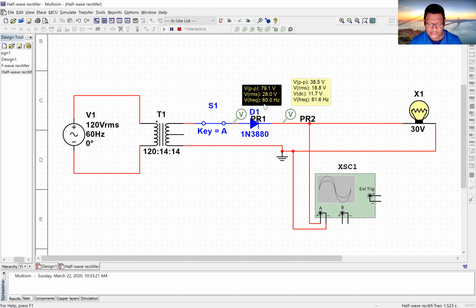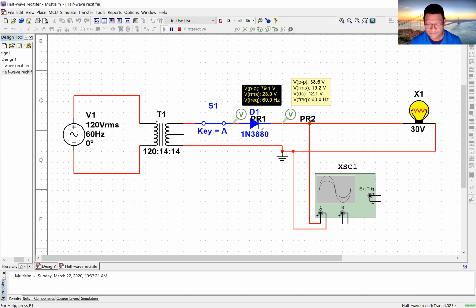When we close the switch, we can see that indeed we have 28 volts at 60 hertz. This is the peak-to-peak value. If you don't remember how to calculate this value, please send me a question and I'll remind you.